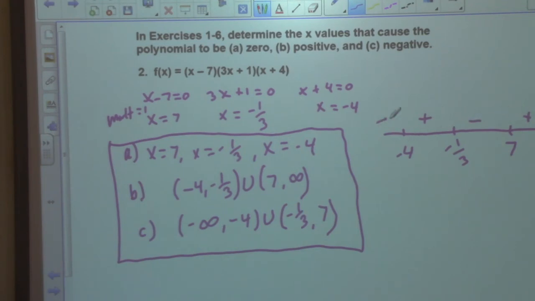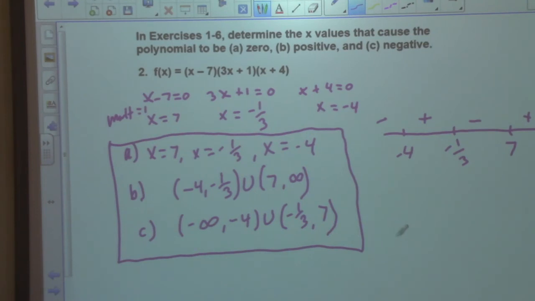So if we find this sign to be negative here, and the multiplicity of this zero, negative 4, is 1, we know that it'll change signs. So you say, okay, multiplicity 1, change signs, multiplicity 1, change signs, multiplicity 1, change signs. You see how that could be helpful to you? And you didn't really have to graph it or anything like that, so you just found out what it was.